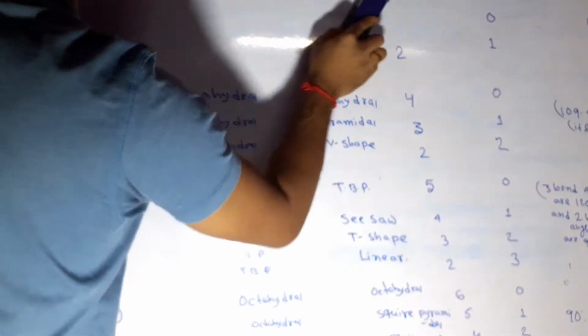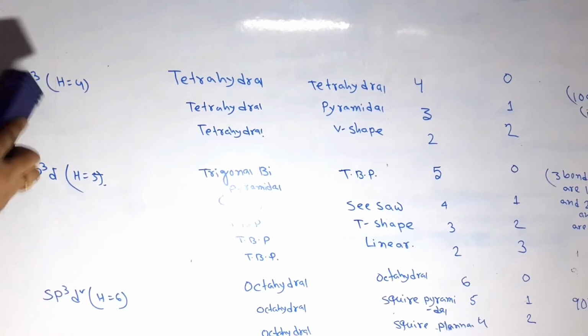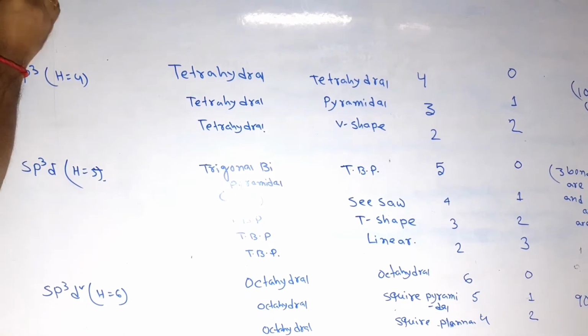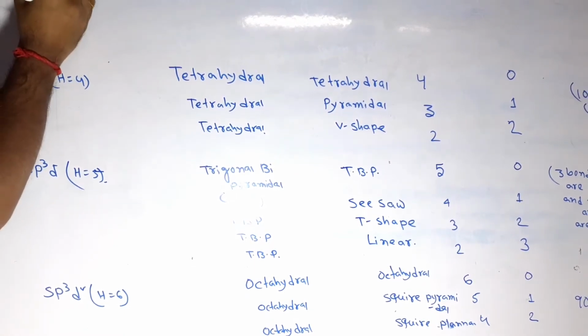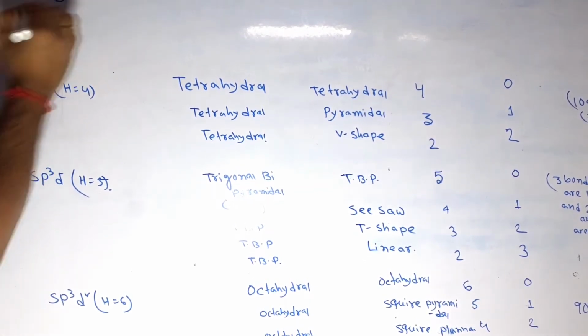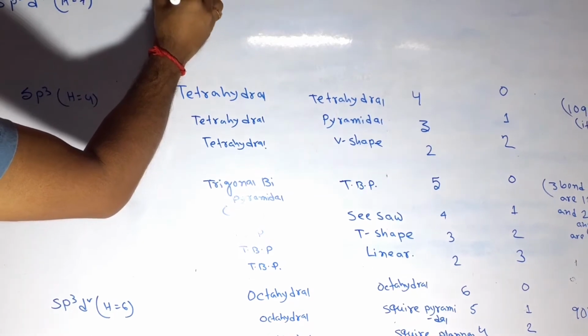The remaining one is sp3d3, the last hybridization. For hybridization number 7, total 7 orbitals, 1 s, 3 p and 3 d. Geometry is pentagonal bipyramidal.